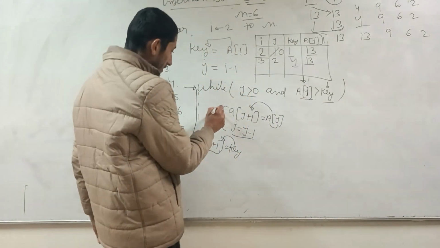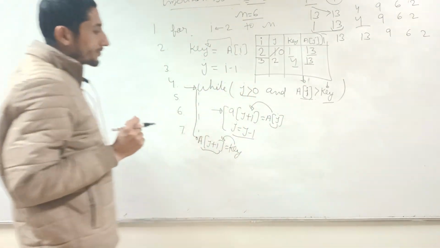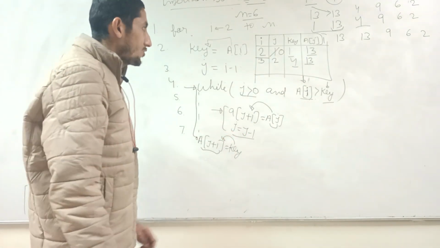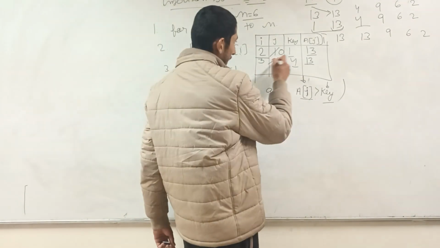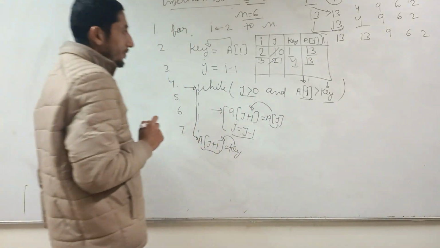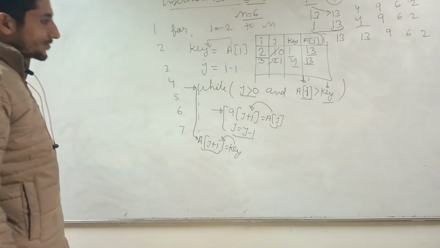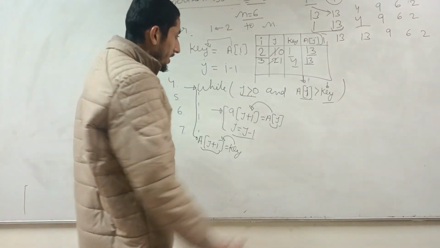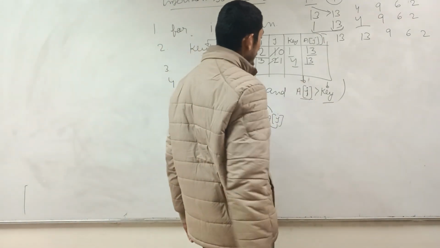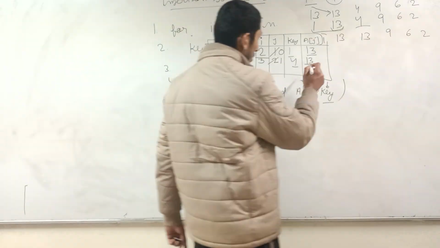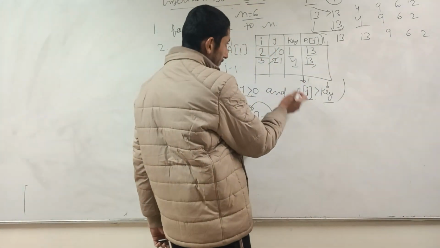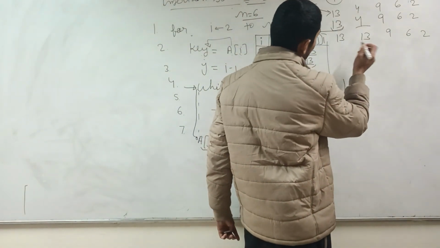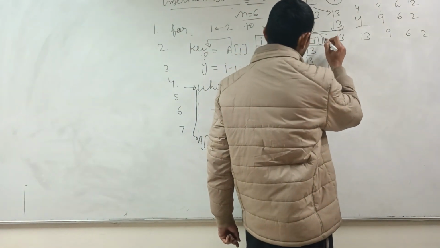Okay, so we have executed this statement. Then what will we do? The value of j becomes j minus 1. So the value of j becomes 1. Please pay attention. The value of j becomes 1. 1 is greater than 0, the condition becomes true. And a[j], what is the new value of a[j]? The value of j is 1, so a[j] is a1, that is 1.